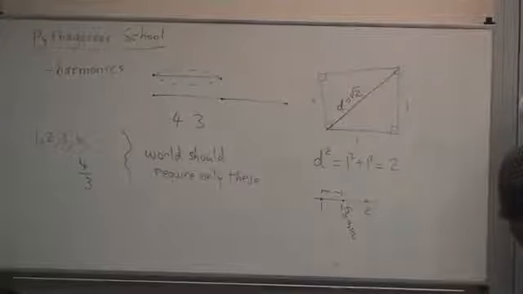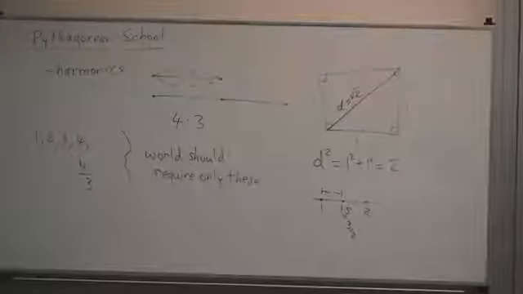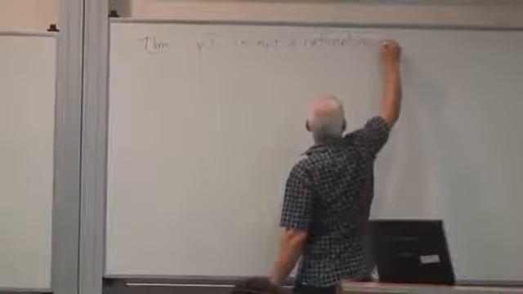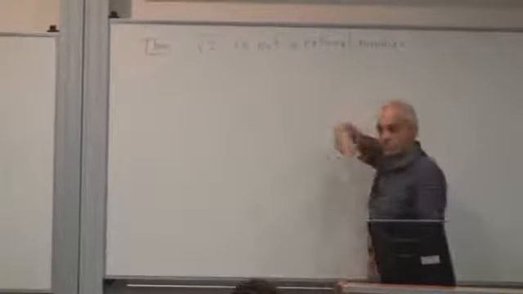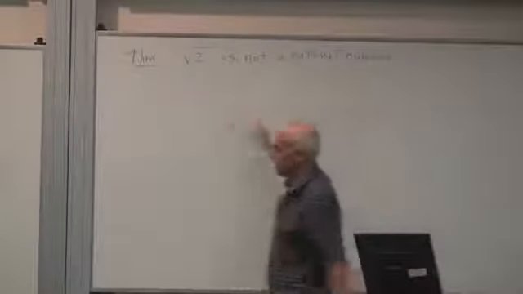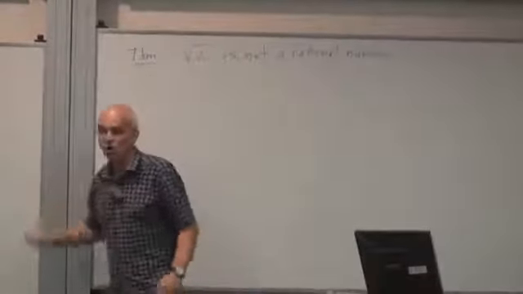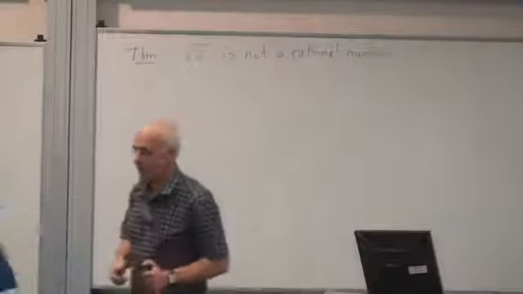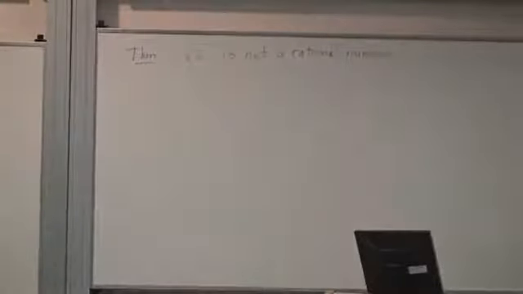Theorem: root 2 is not a rational number. There's no way of writing it as some kind of ratio of natural numbers. So let's see why this is true.